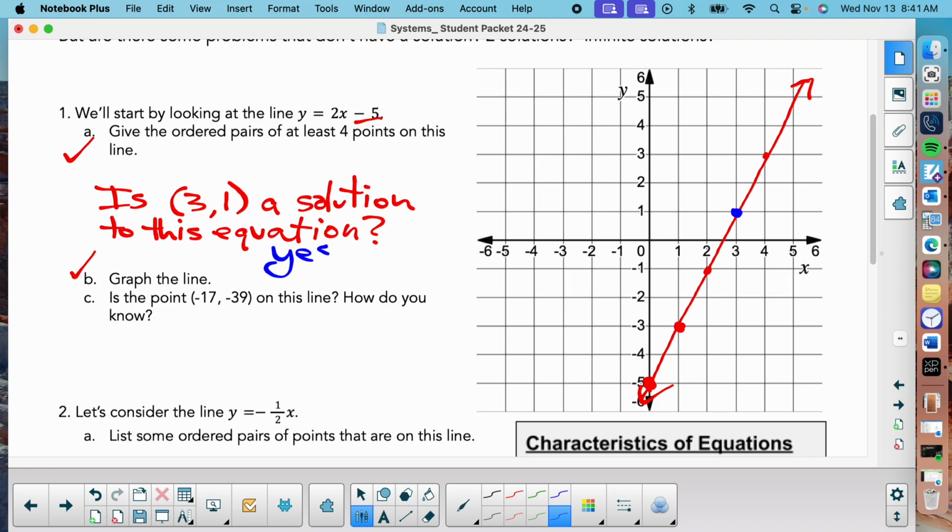Okay? You know something is a solution if it's on the line, or technically what happens is you have a whole lot of dots in a row that make it look like a line. But 3,1 is one of them. Does anybody know a different way of checking if 3,1 is a solution if you don't have a picture?